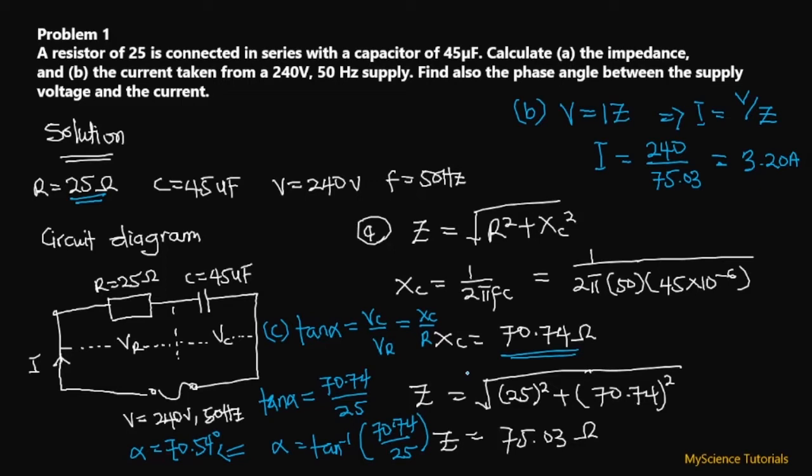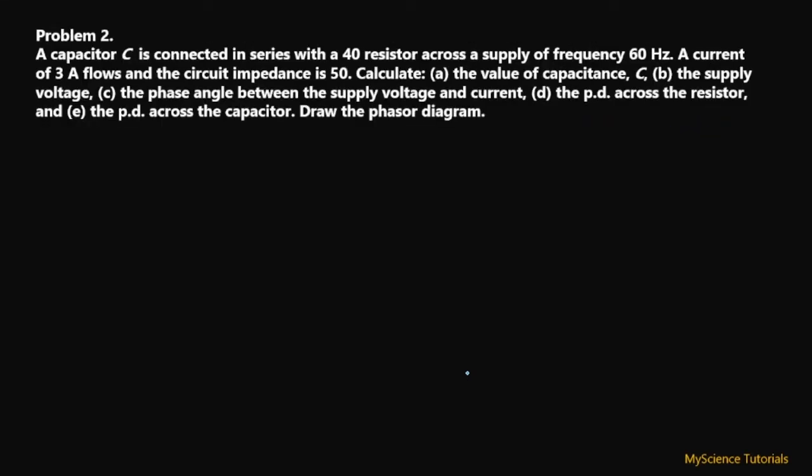Alright, let's have a look at another example to further enhance our understanding of this R and C series AC circuit. So let's look at problem number 2. We have a capacitor C connected in series with a 40 ohm resistor across a supply of frequency 60 Hz. A current of 3 amperes flows and the circuit impedance is 50 ohms.